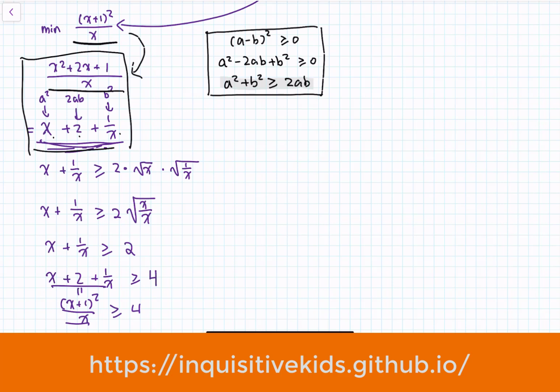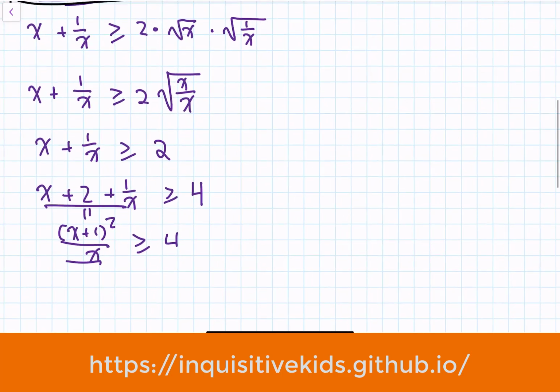This tells us that the minimum value of x plus 1 squared over x is 4.